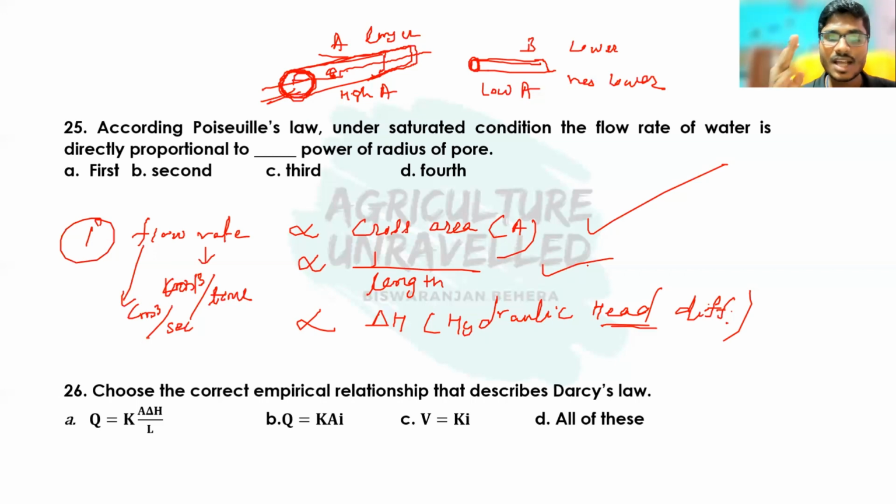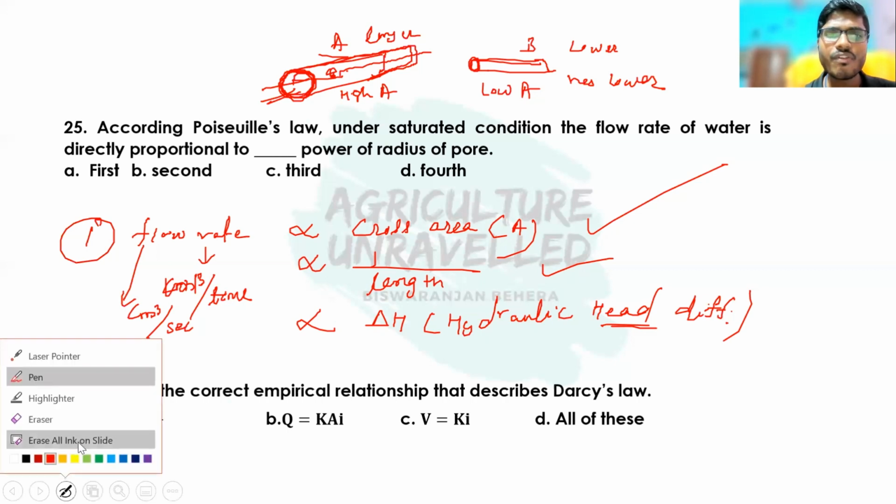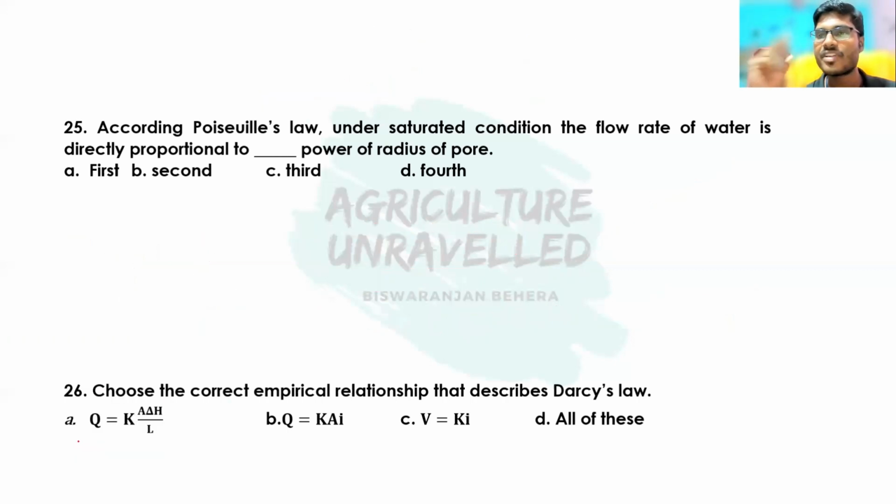Then coming to the third principle, that is, flow rate is directly proportional to hydraulic head difference. Then what is this hydraulic head difference? Hydraulic head difference is the elevation of water as compared to a reference level. I'll just give one short example.